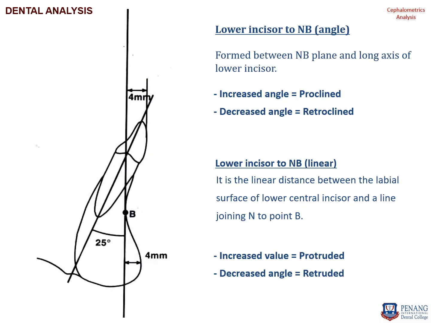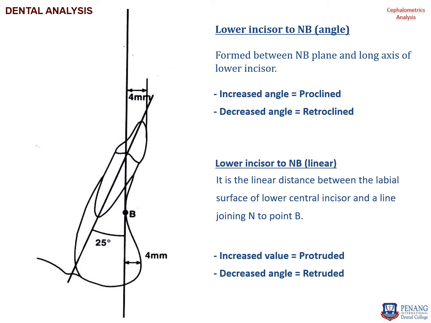The next component under dental analysis is lower incisor to NB, which has both an angular measurement and a linear measurement. How do you get the angular measurement? This is formed between the NB plane, that is nasion to point B, and the long axis of the lower incisor.